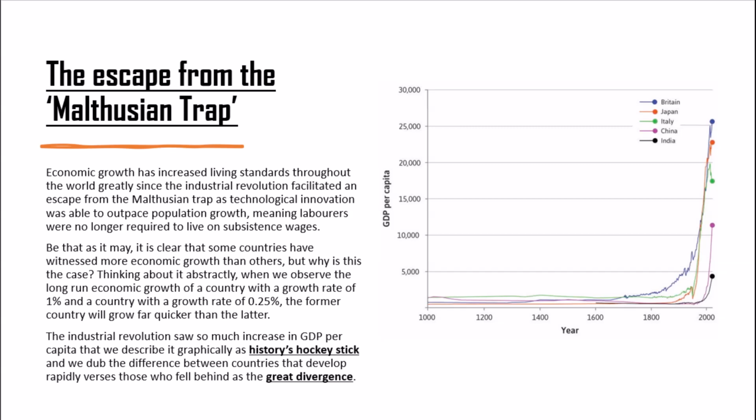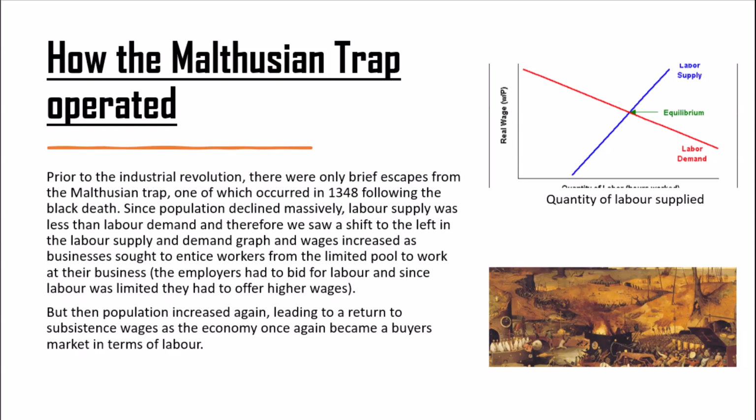And this is basically what we call the Great Divergence, and it shows how growth rates are able to compound growth, and countries with high growth rates are going to see far more growth in the same amount of time as countries with lower growth rates.